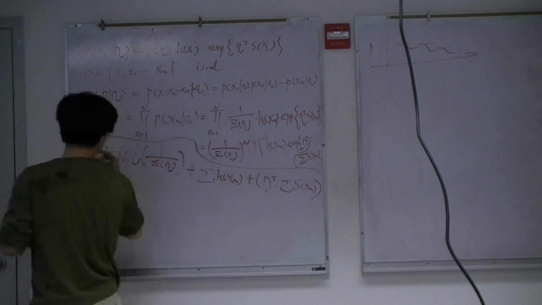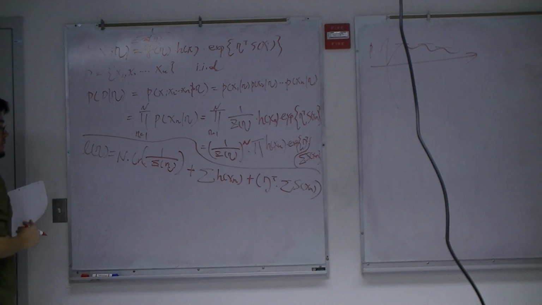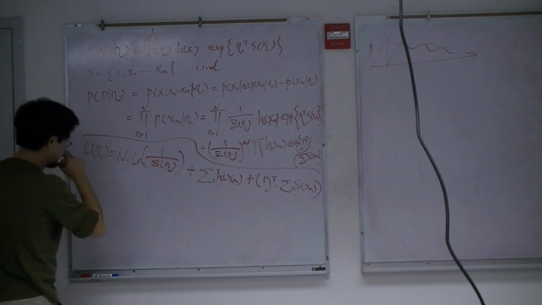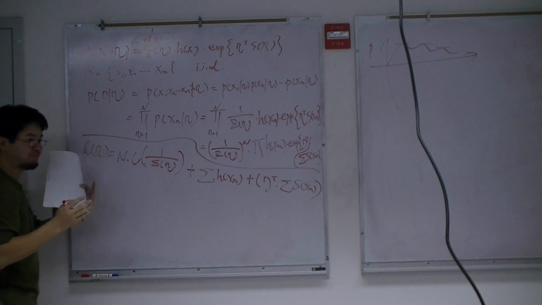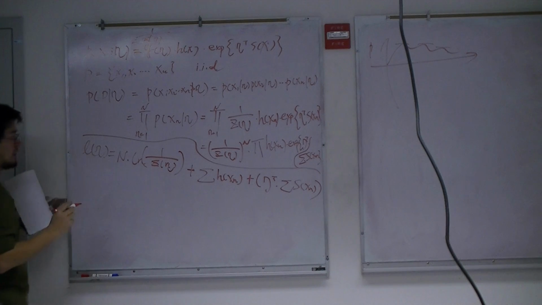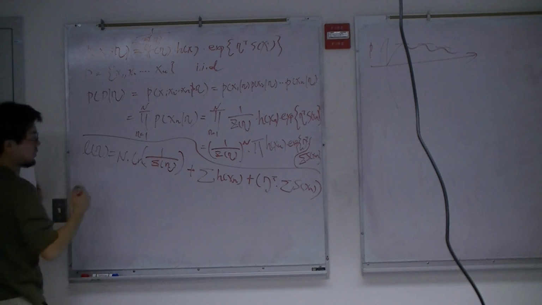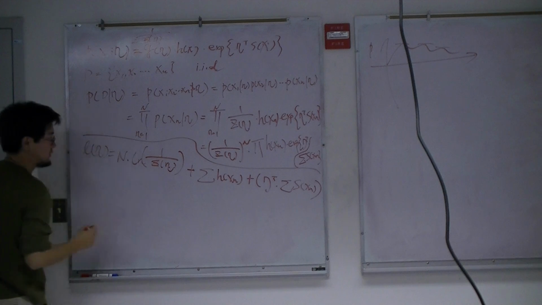Now we take the gradient of this function. The gradient is just a vector whose components are the partial derivatives with respect to each component of eta.